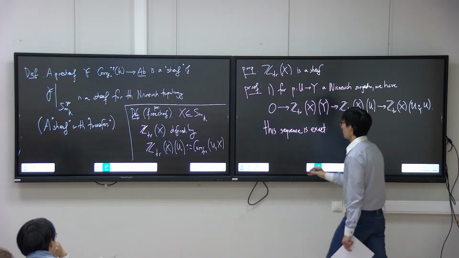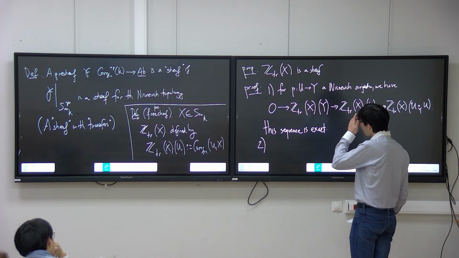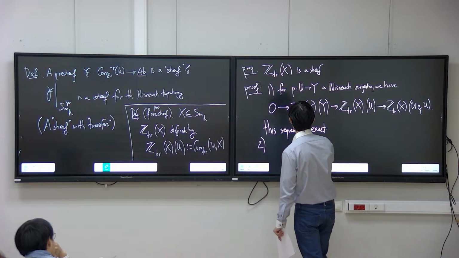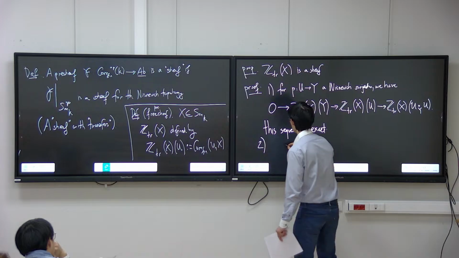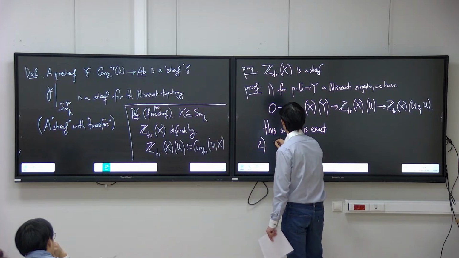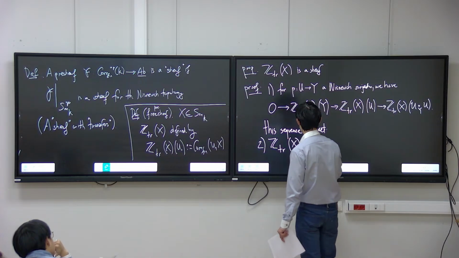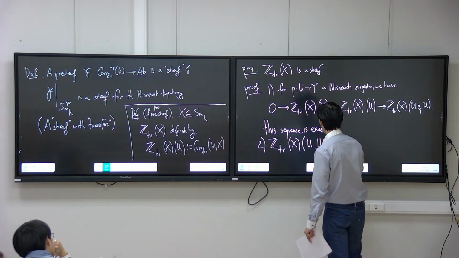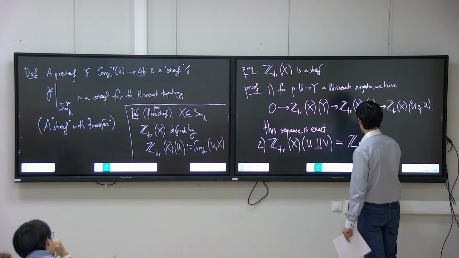And because I didn't define presheaf to be an additive functor or anything like that, I also should check that you have some additivity property so that I can group a covering into one piece. So you want to check that Z_tr(X) of a disjoint union of copies of U to V is indeed just the sum.